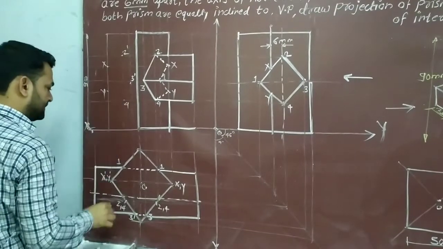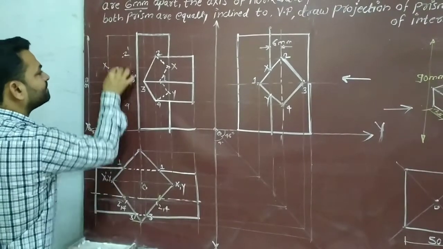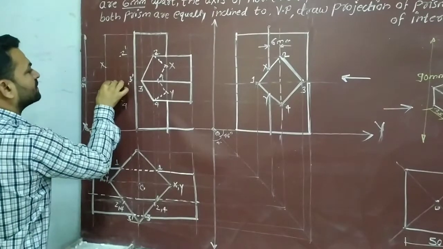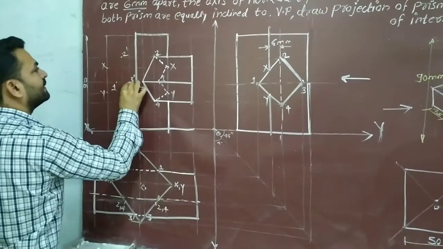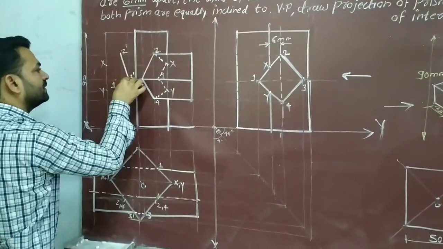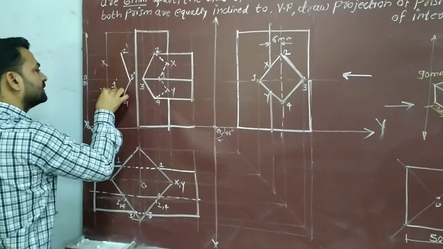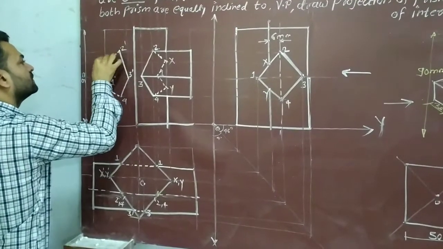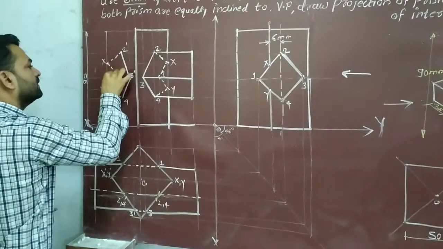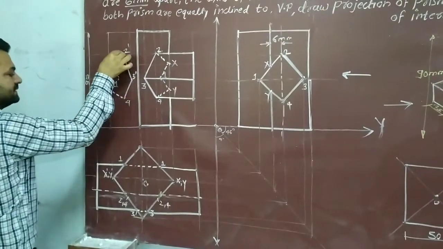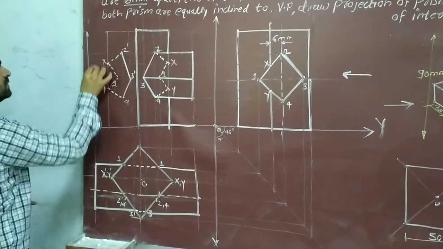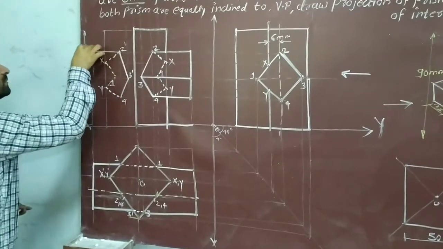Here is y. And finally, point 1 is here. So again, darken this one. Here we have to draw dotted, dotted, and this is the side. Actually, it's a front view.